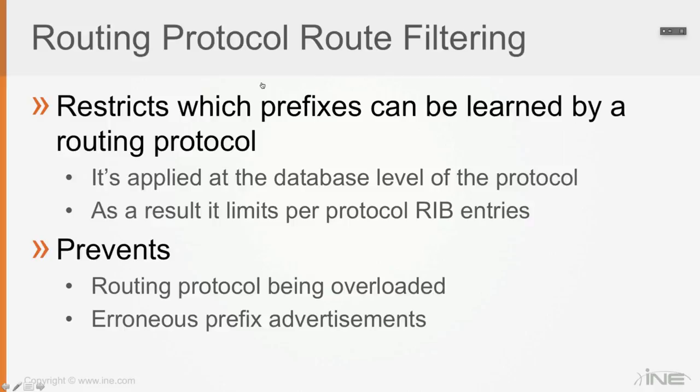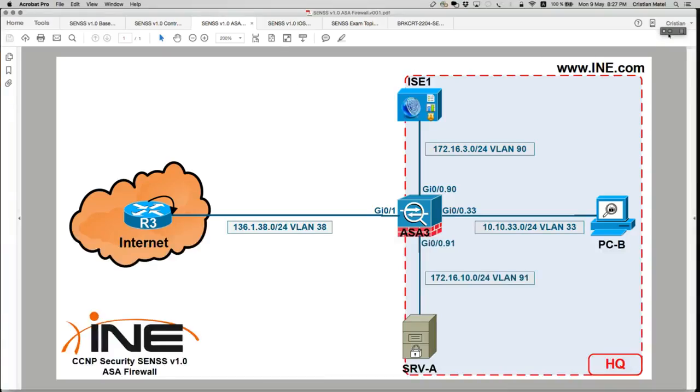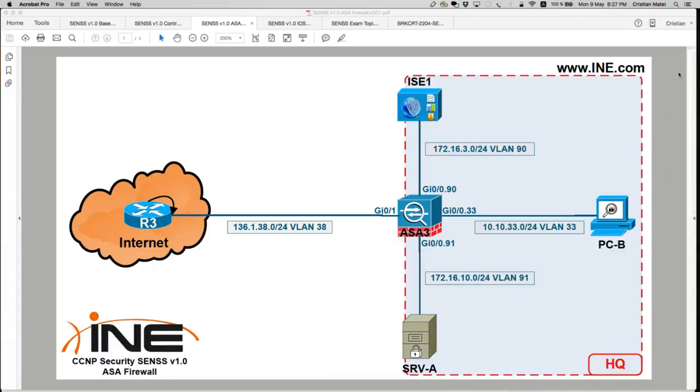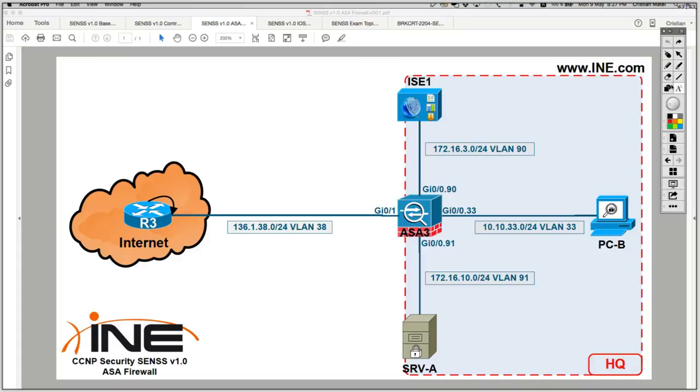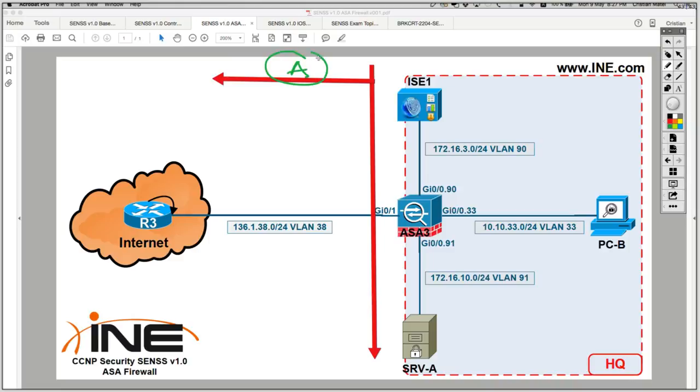Like for example, imagine that in this case we have on the left side company A, let's say client A, and on the right side company B. So two different enterprises.